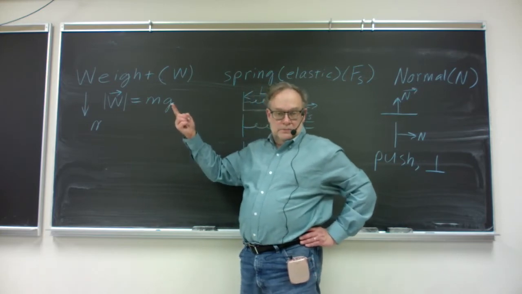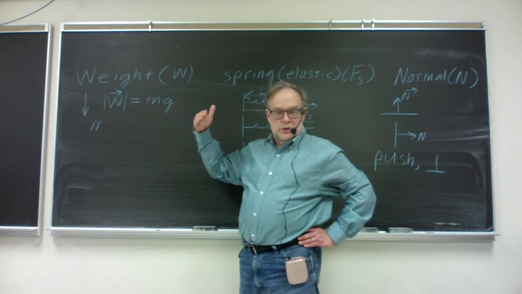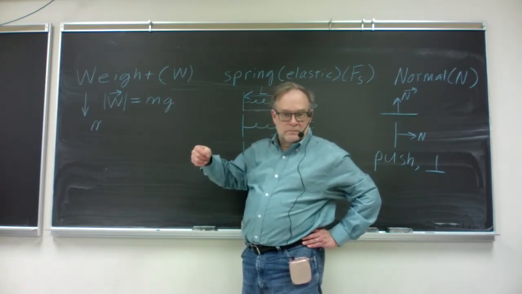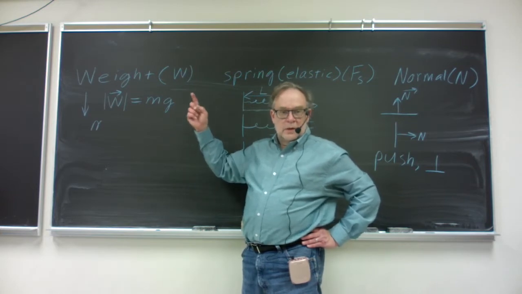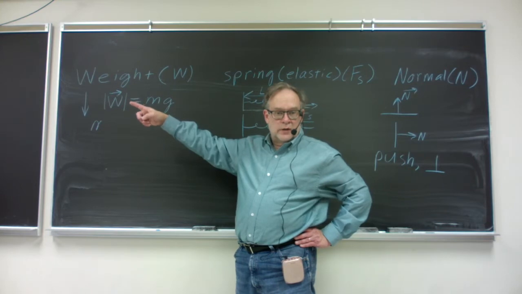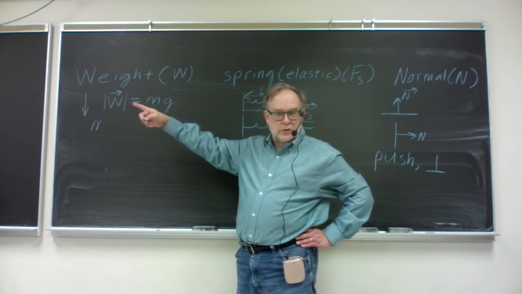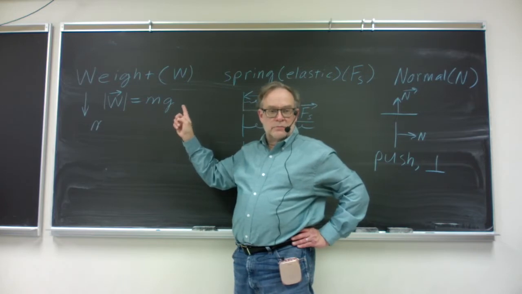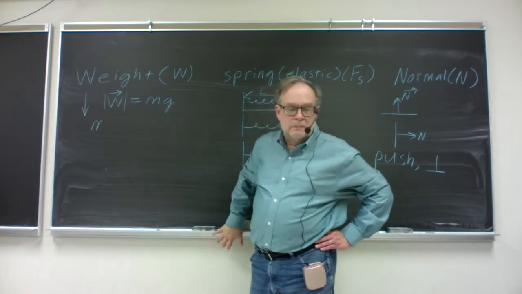At least for objects close to the surface of the Earth, it gets more complicated if you're out in space. But for objects close to the Earth, there's a nice simple rule for calculating the magnitude, the strength of the weight. It's just mass times g, mass times 9.8.